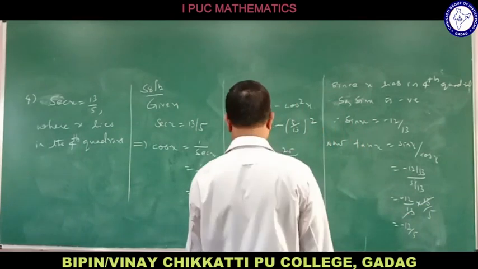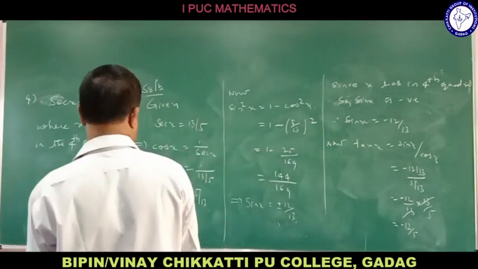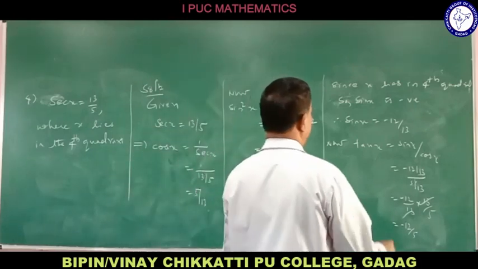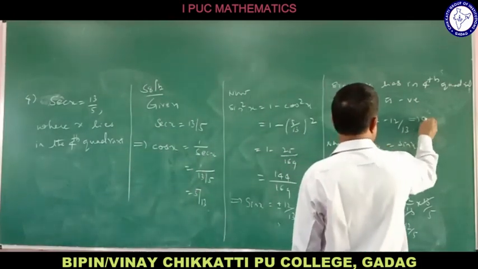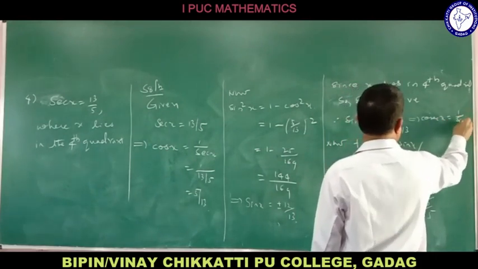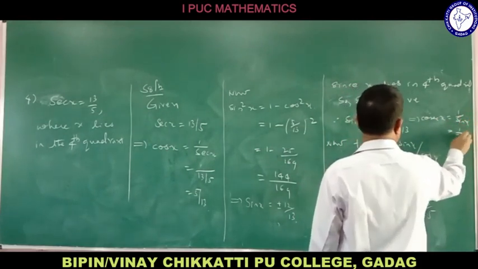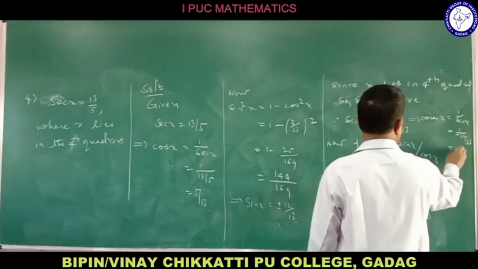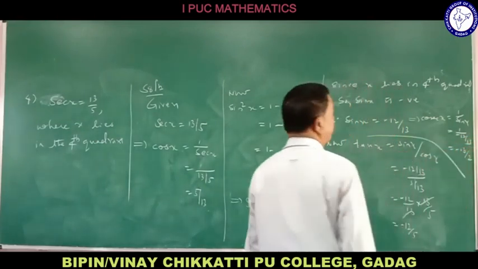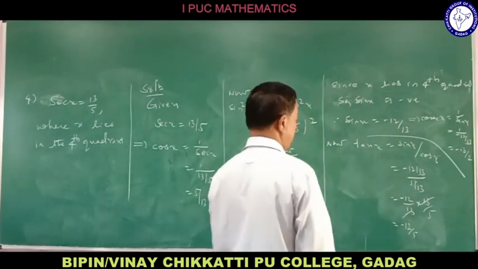And here you understand that when sin is there, you can write cosec x. Cosec x is equal to 1 upon sin x, and 1 upon minus 12 by 13 is minus 13 by 12, which is for sin x, and the reciprocal for tan is cot x.